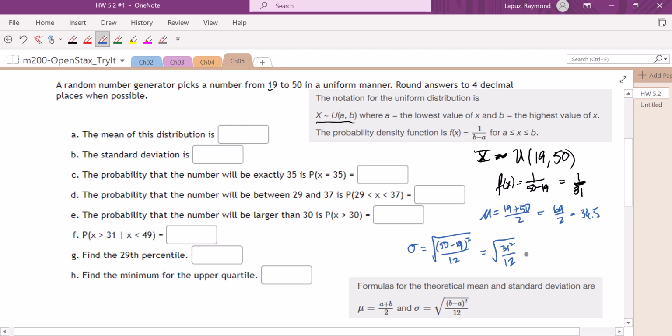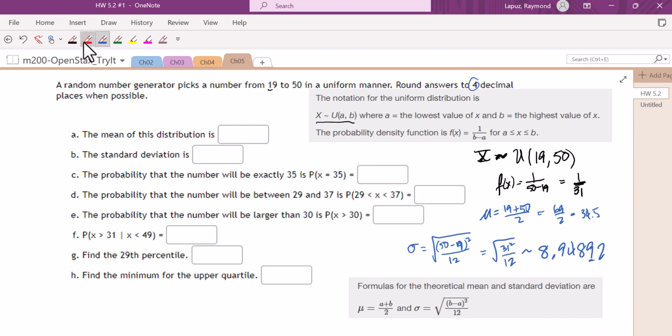It's 80.833, and I'm going to take the square root of that. I'm going to get 8.94892. We're going to want these rounded off to 4 decimal places.